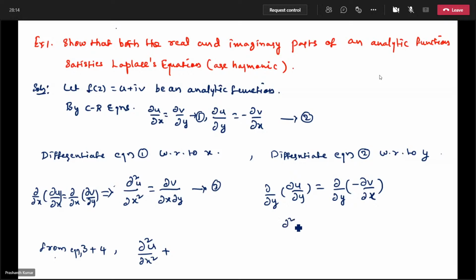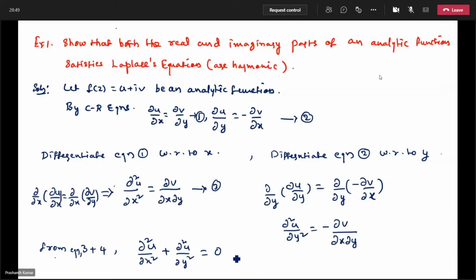This is dou square u by dou y square is equal to minus dou square v by dou x dou y. Because we are adding these two, dou square u by dou x square plus dou square u by dou y square is equal to dou square v by dou x dou y minus dou square v by dou x dou y. This is equal to 0.